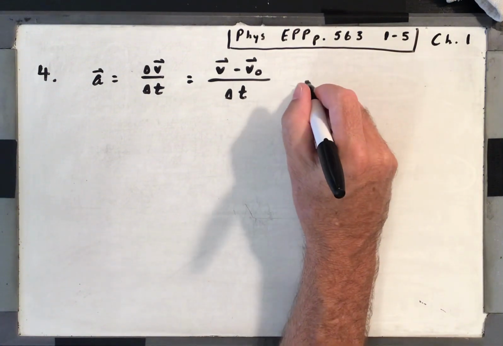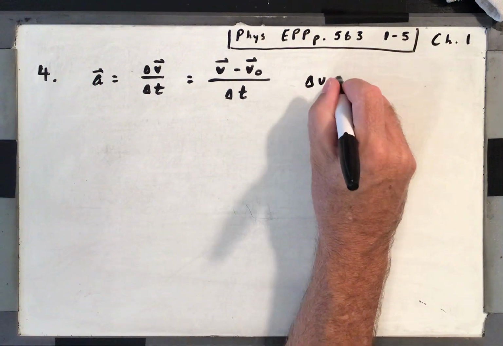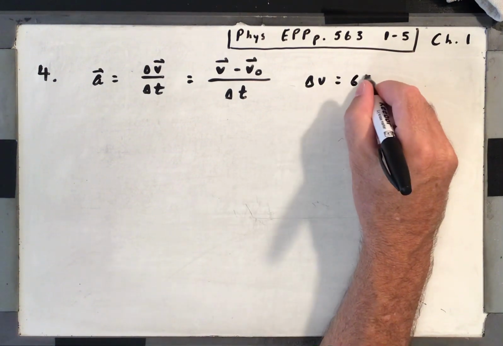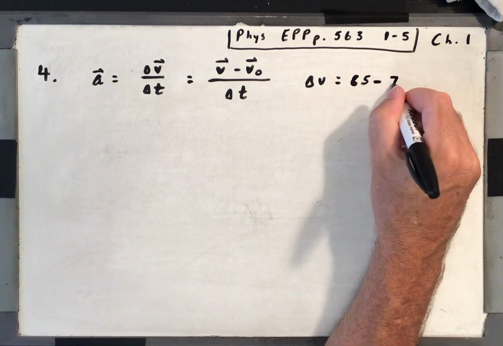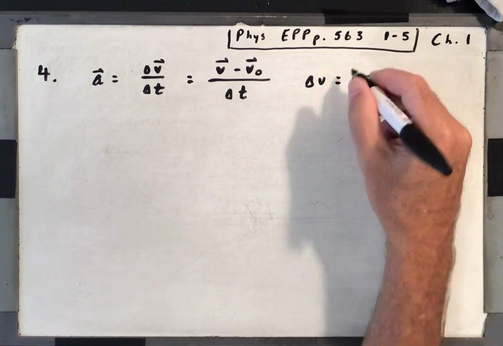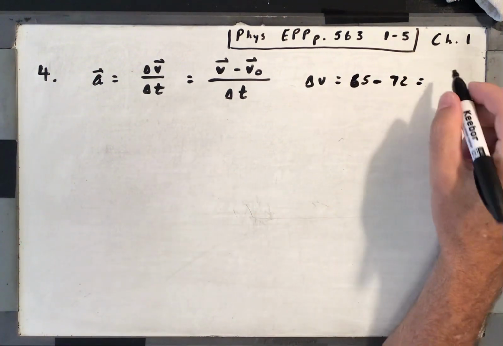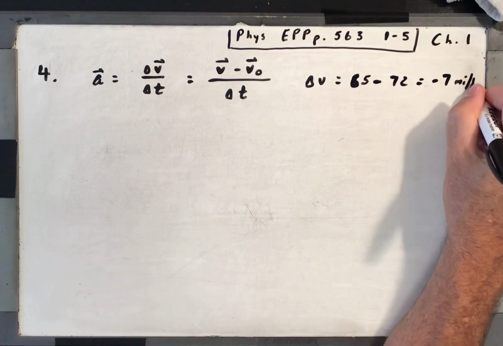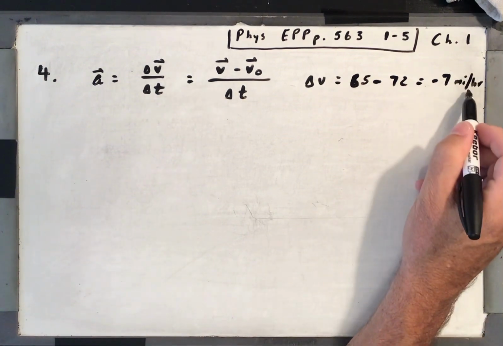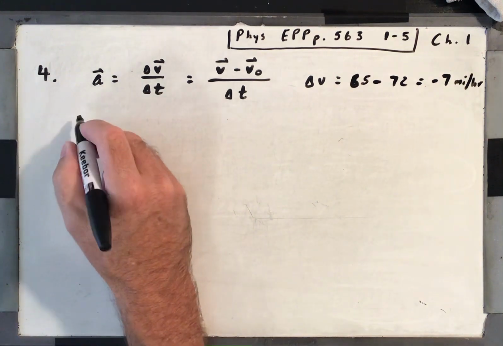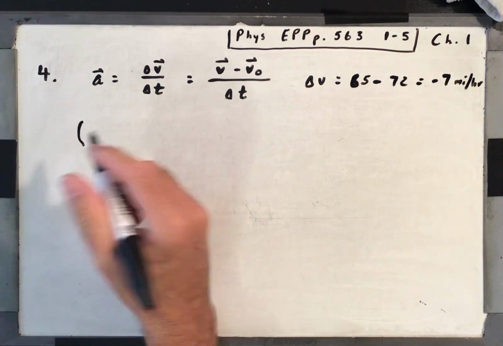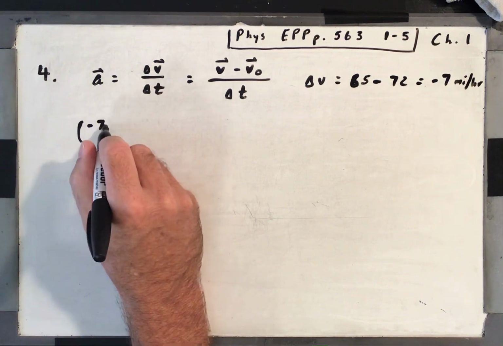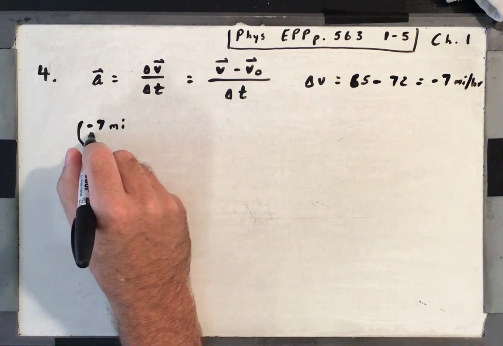Okay, so our change in velocity is equal to the final velocity, 65, minus the initial velocity, 72. There's a messy 6, sorry. 65 minus 72, that's negative 7 miles per hour. I need to change that to miles per second. So we're going to use that factor label method that we used in chemistry, minus 7 miles per hour.